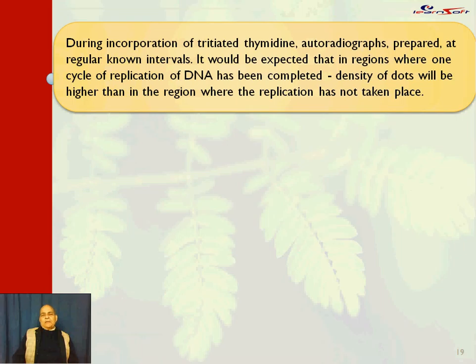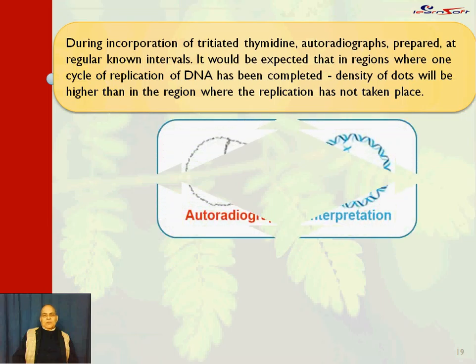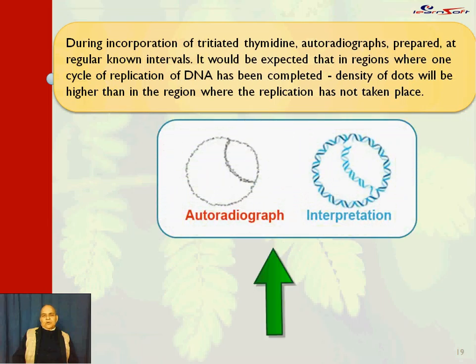During incorporation of tritiated thymidine, autoradiographs are prepared at regular known intervals. It would be expected that in the regions where one cycle of replication of DNA has been completed, the density of dots will be higher than in the region where the replication has not taken place. Now look here. You have one diagram of an autoradiograph where you will see where the replication has taken place.